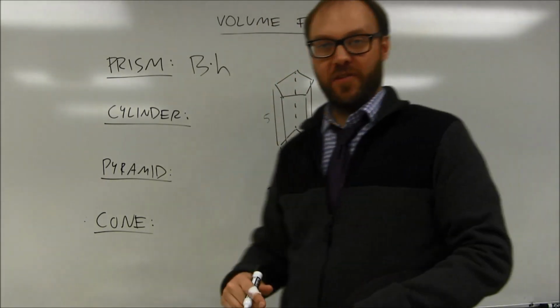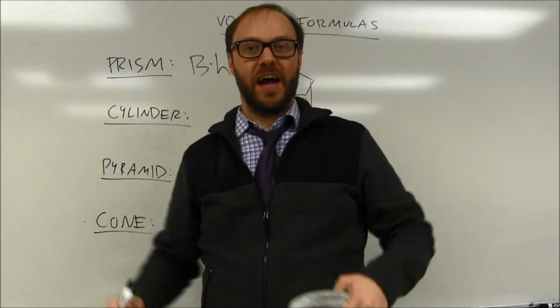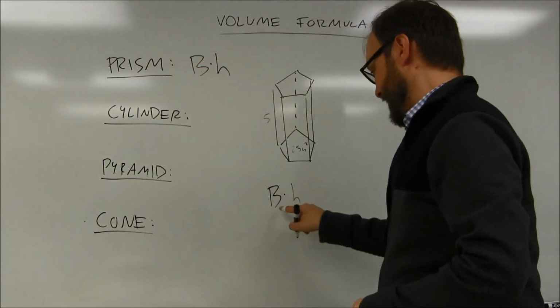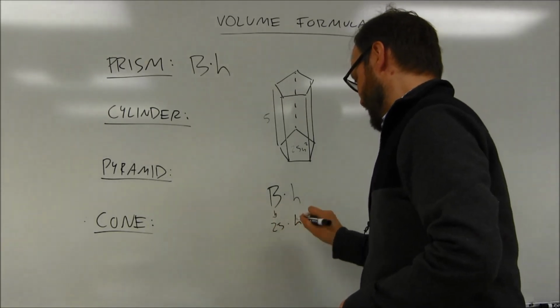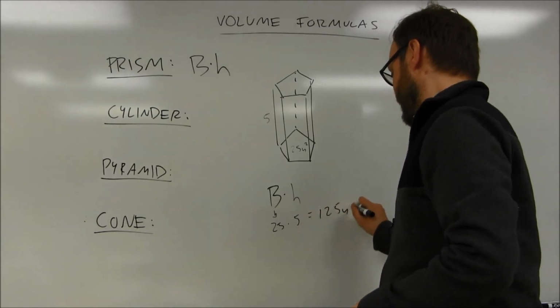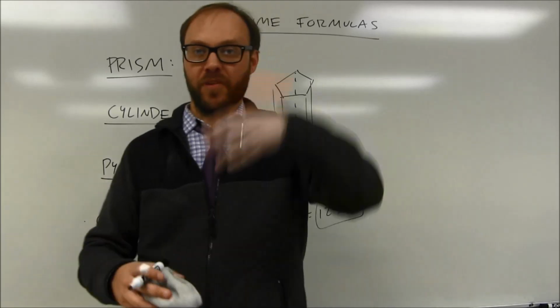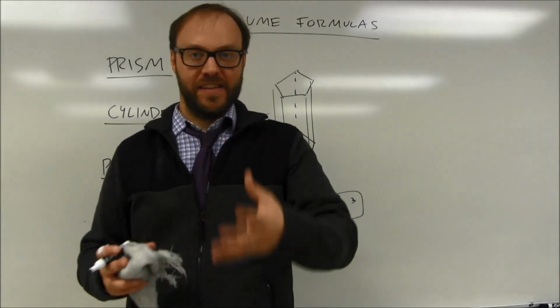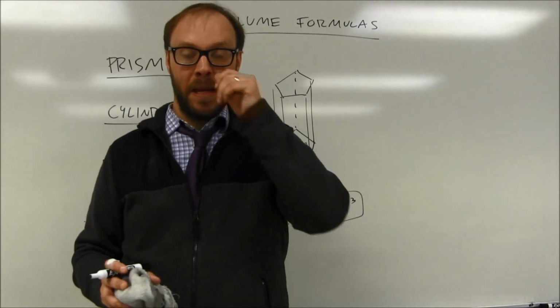If the height was 5 units, you'd just be stacking 5 of those 25 square unit pentagons on top of each other. You're still going to take the area of the base and multiply by the height. So in this example, it'd be 25 times the height, which in this case is 5, so 125 cubic units. Okay, so you can have triangular upper and lower bases, you can have rectangular upper and lower bases, you can have hexagon upper and lower bases, doesn't matter.